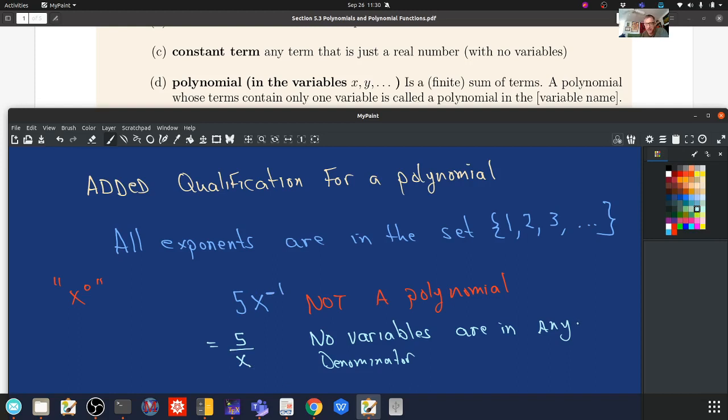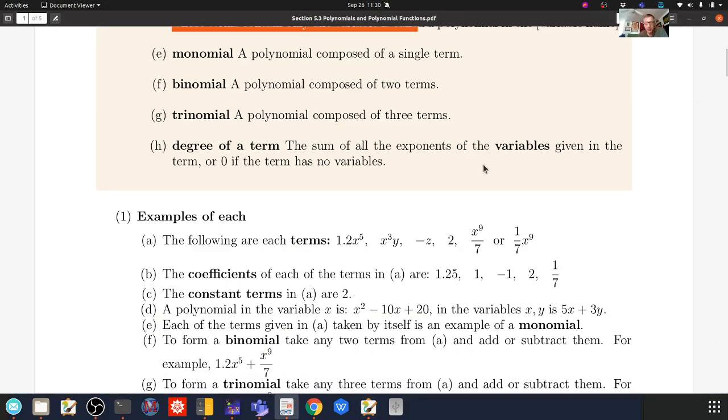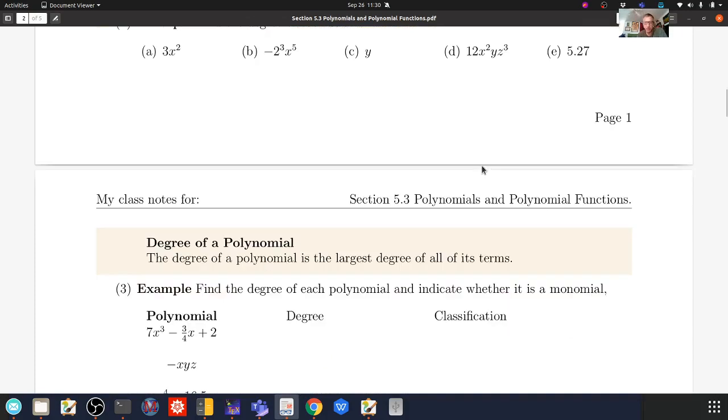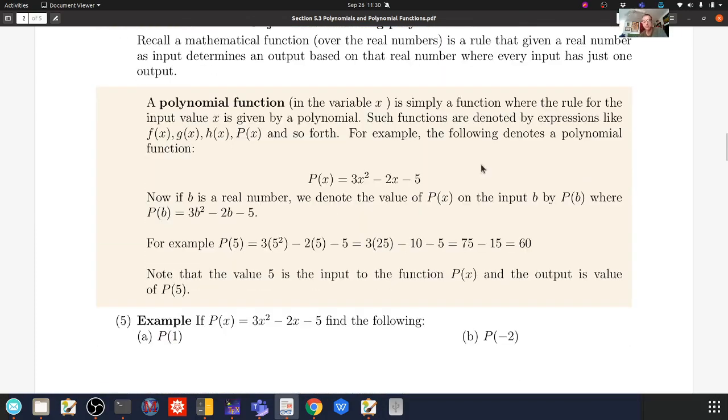So that is not allowed. So all exponents are in the set 1, 2, 3, 4. I don't know why that's not in there. It's not, but I definitely need to make sure you're aware of that instead of assuming that you just know that.